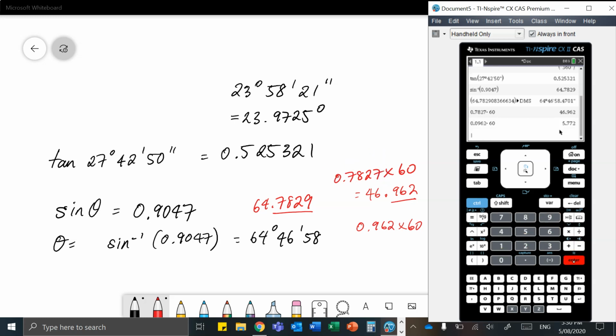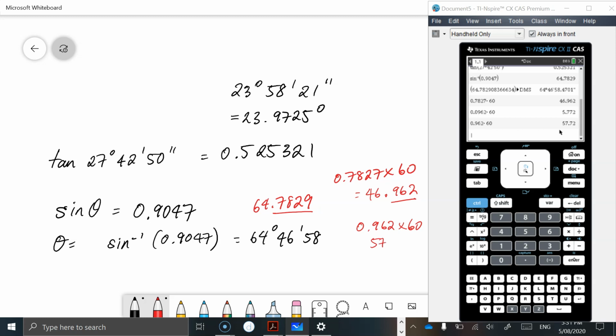No, I popped it in incorrectly, so it's always good to check. 0.962 times 60 gives us 57.72. So 57.72 is the number of seconds, but we want to round this up to the nearest second, so it's 58.